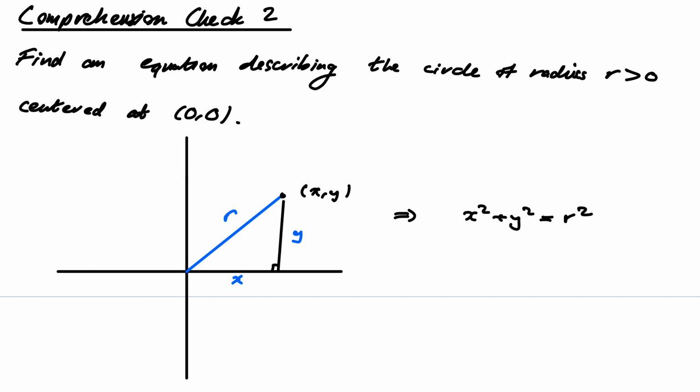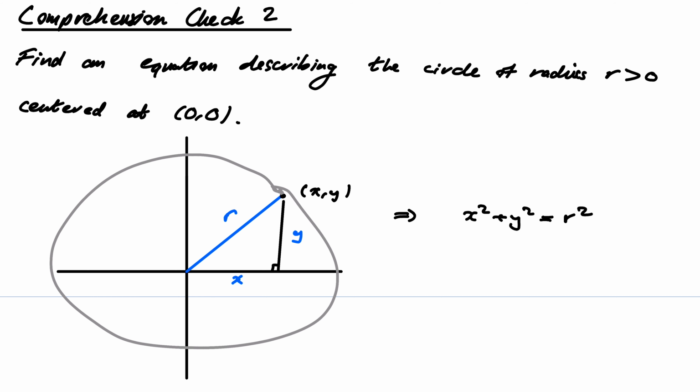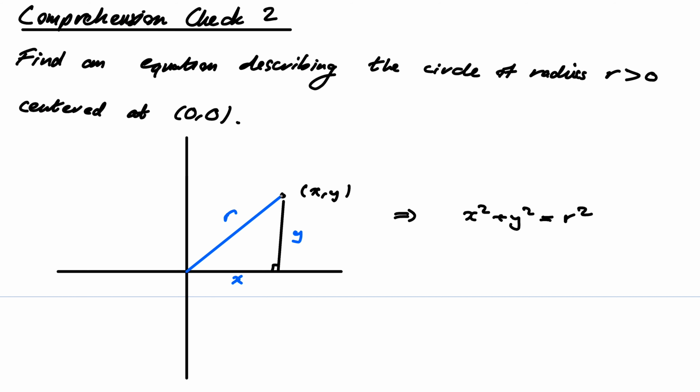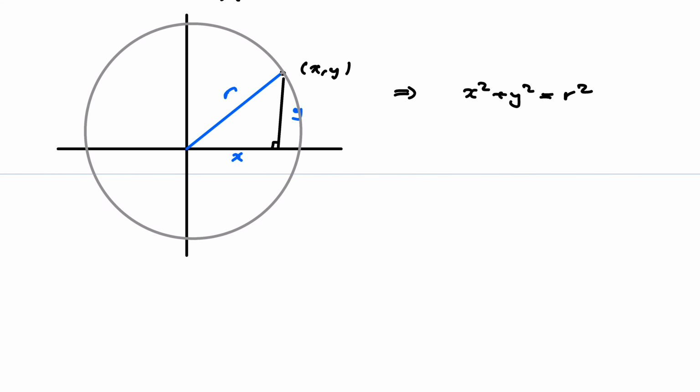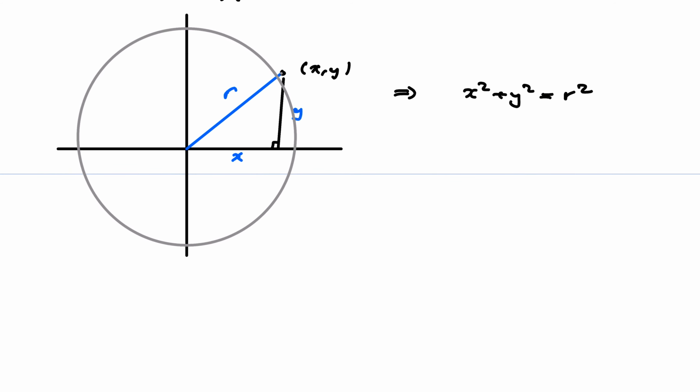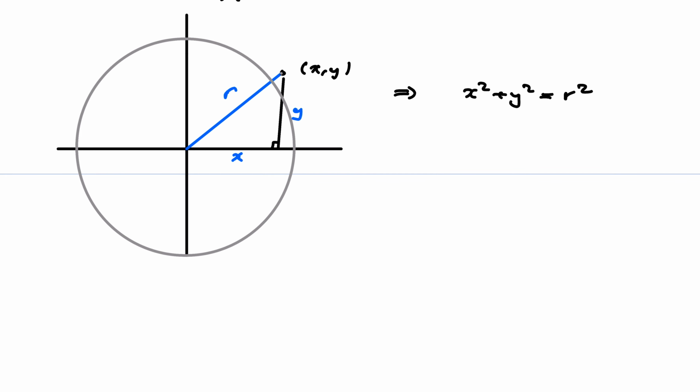So if I was to draw a circle, an attempt at a circle, of radius exactly r, nothing's ever easy, is it?